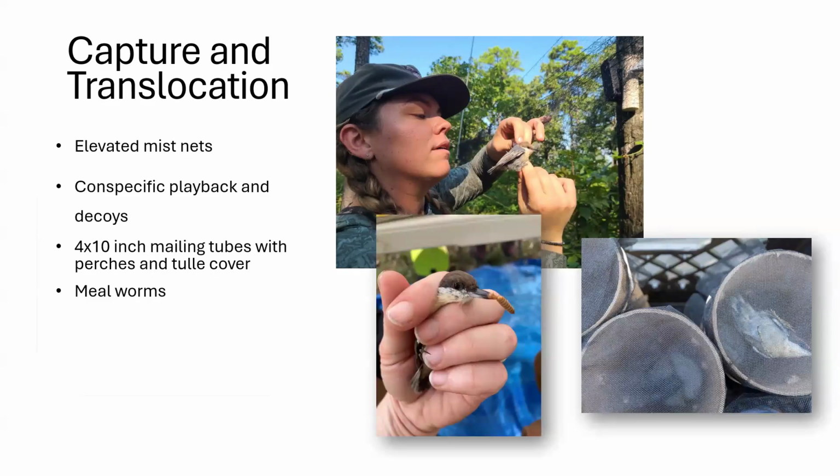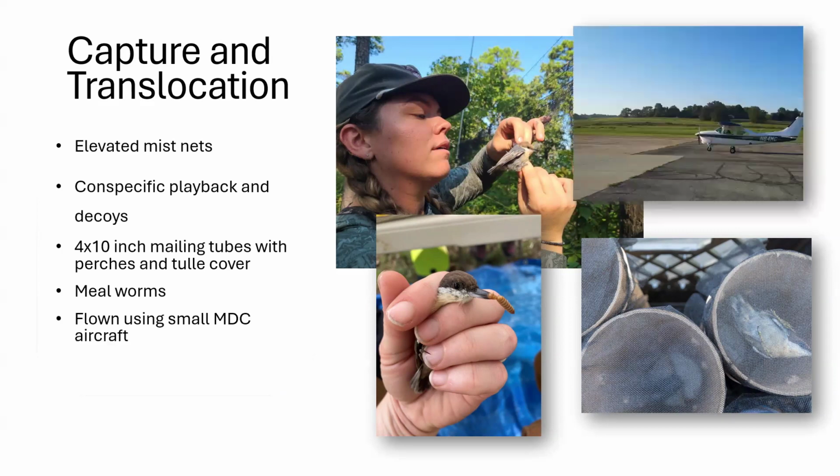And we gave them all 4 to 5 mealworms as a sort of in-flight snack. And we flew them first class using a small MDC aircraft, and in total about 5 hours total transport time. So that was the name of the game, is to reduce stress to these birds, keep transport time very short, and I think we were as successful as we could possibly be.